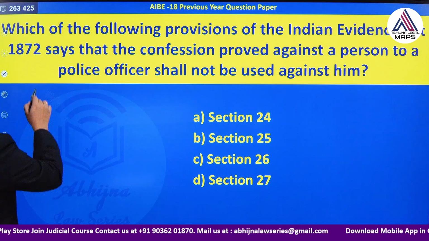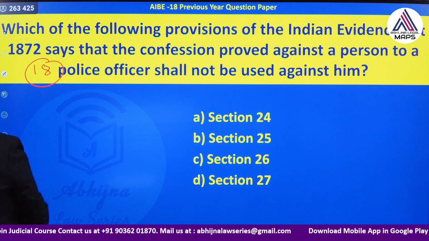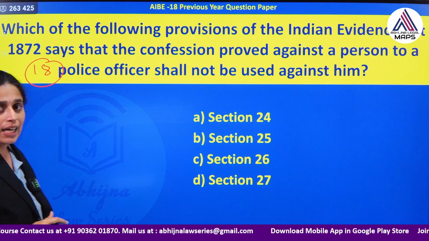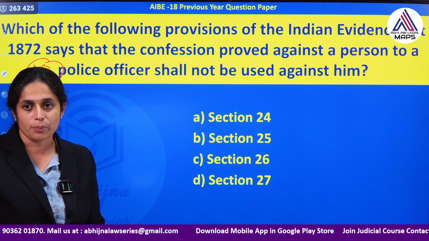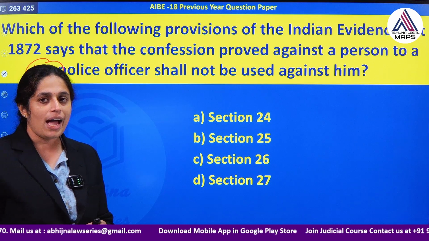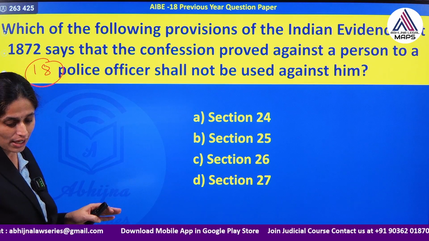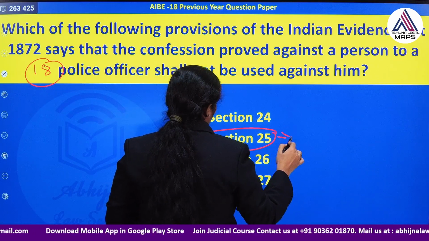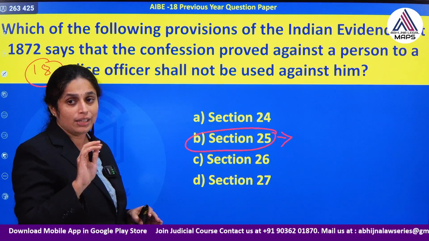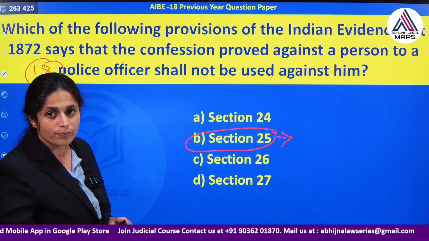Next question, 18th question. Which of the following provisions of the Indian Evidence Act says that the confession proved against a person to a police officer shall not be used against him? We have a very important section, section 25 of the Indian Evidence Act. It says that whatever confession is made to a police officer cannot be used against him.